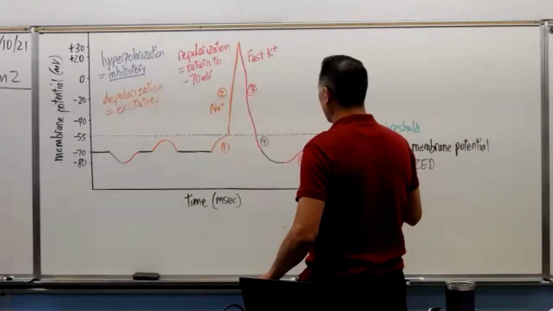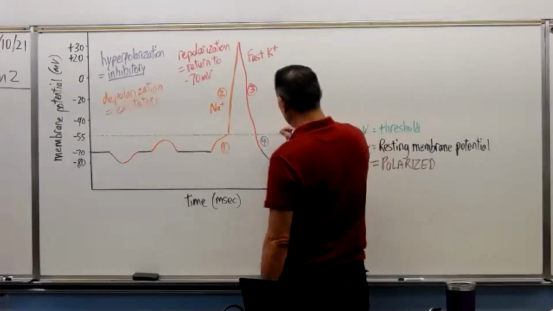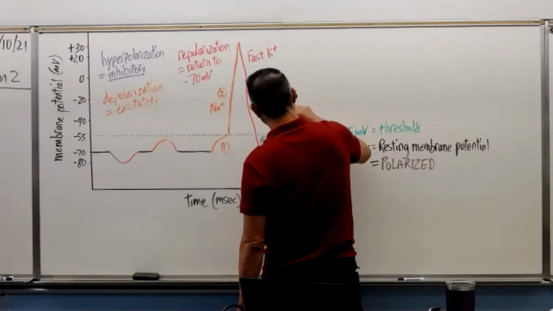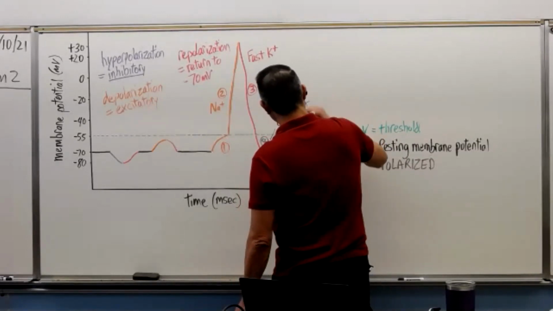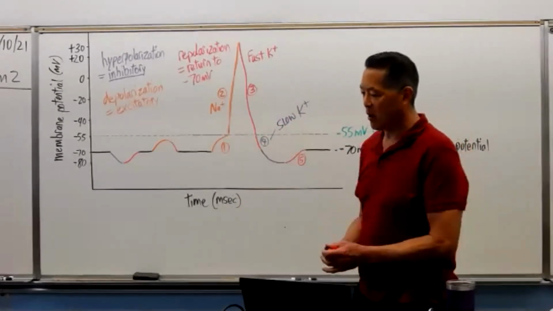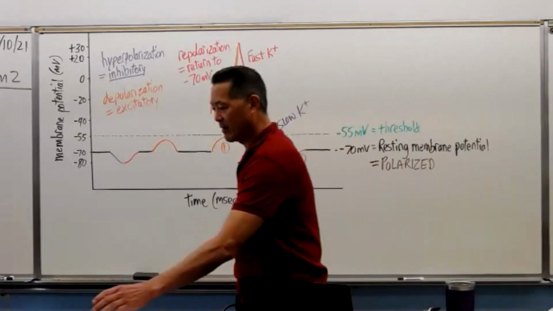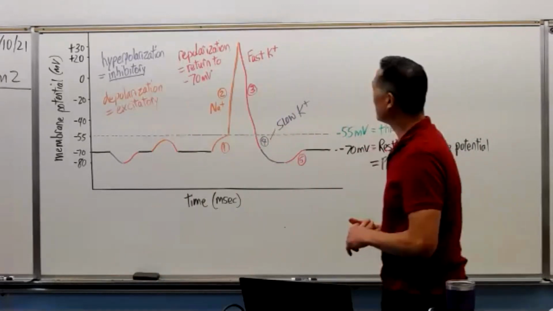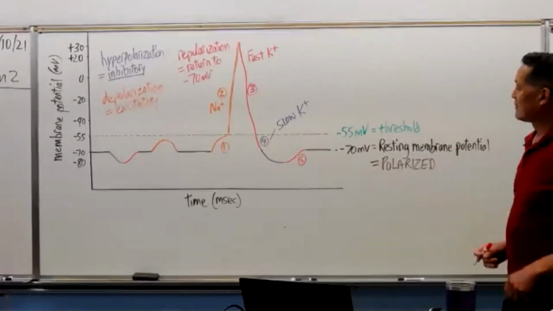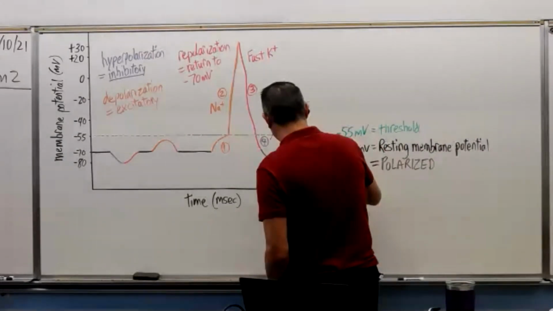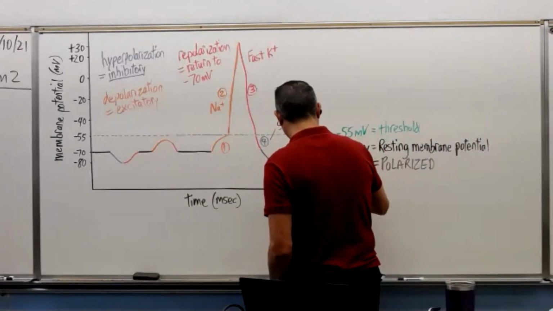As it is repolarizing, around in the middle, the slow ones finally activate. And they stay open too long, and it overshoots -70. And then once it overshoots, the sodium potassium pumps turn back on.